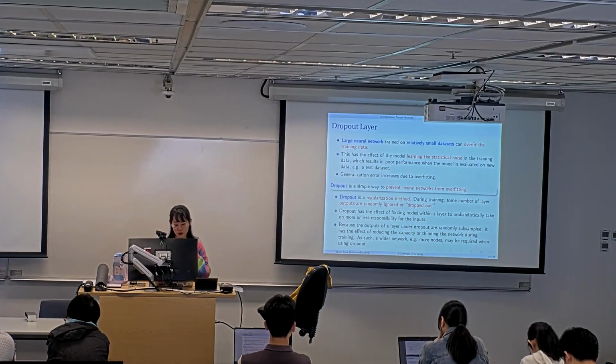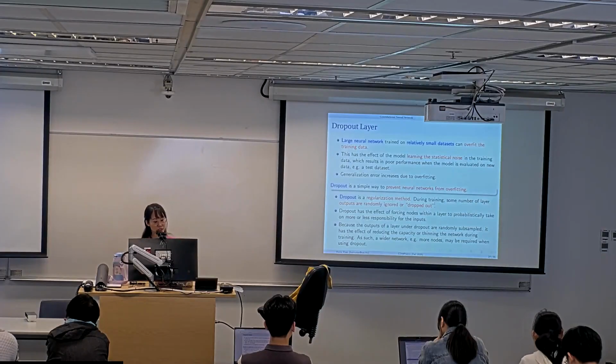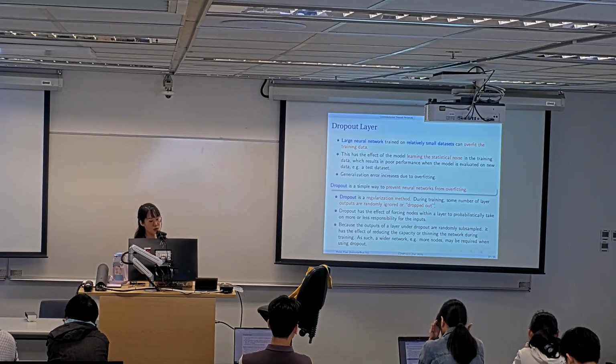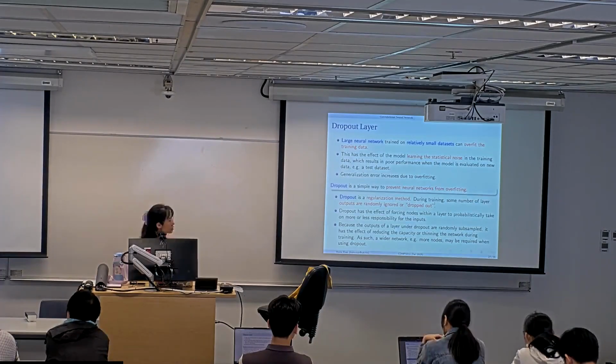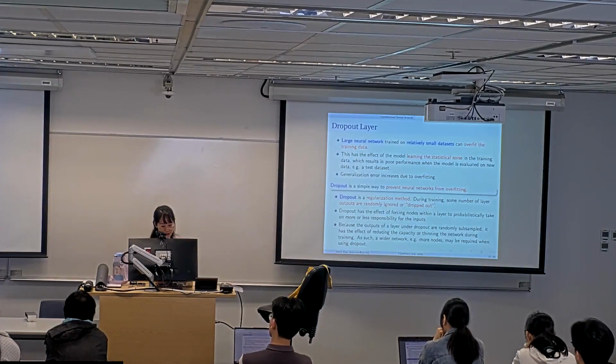Because the outputs of a layer under dropout are randomly subsampled, it has the effect of reducing the capacity, or you can regard it as thinning the network during training. As such, we usually need a wider network, which means more nodes, because we know that some of the nodes will be dropped out.